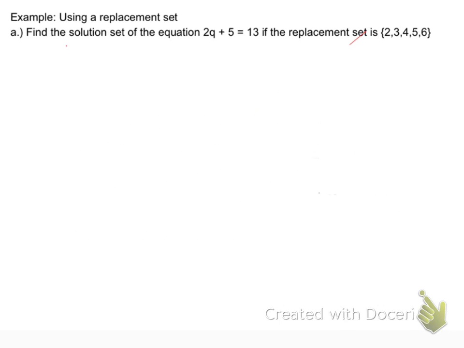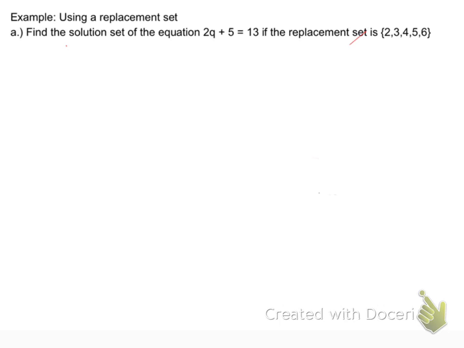First example we are going to do is using a replacement set, find the solution set. So we have an equation, 2q plus 5 equals 13, and you have a replacement set of 2, 3, 4, 5, and 6. Now, we are not solving the equation traditionally, as in what you do to one side, you do to the other. I think a lot of us have already solved very simple equations that way before.